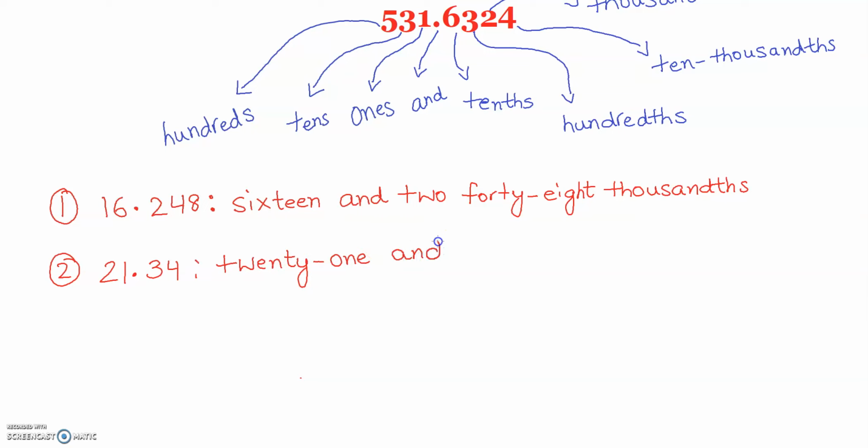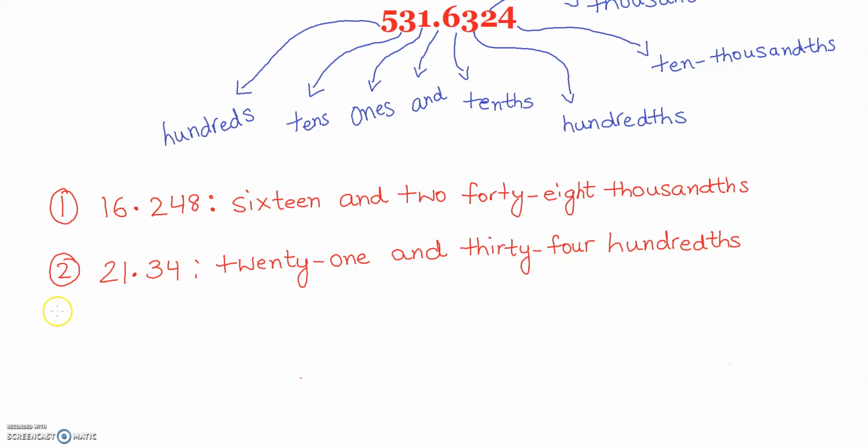We always use "and" whenever there is a decimal point between numbers. Then I'm going to say 34. Since I'm saying it together, I will use the hyphen again. And 4 is at the hundredths place, so I will write hundredths at the end.